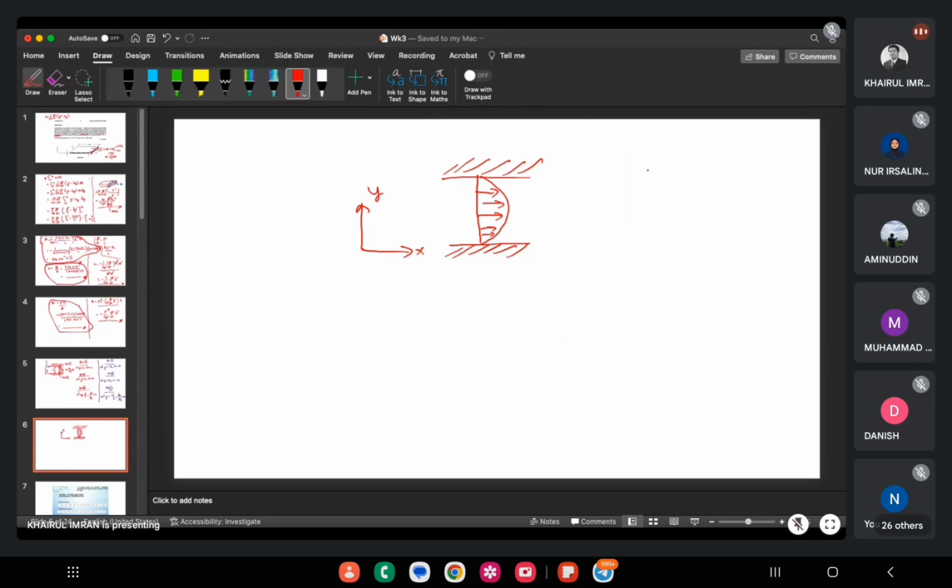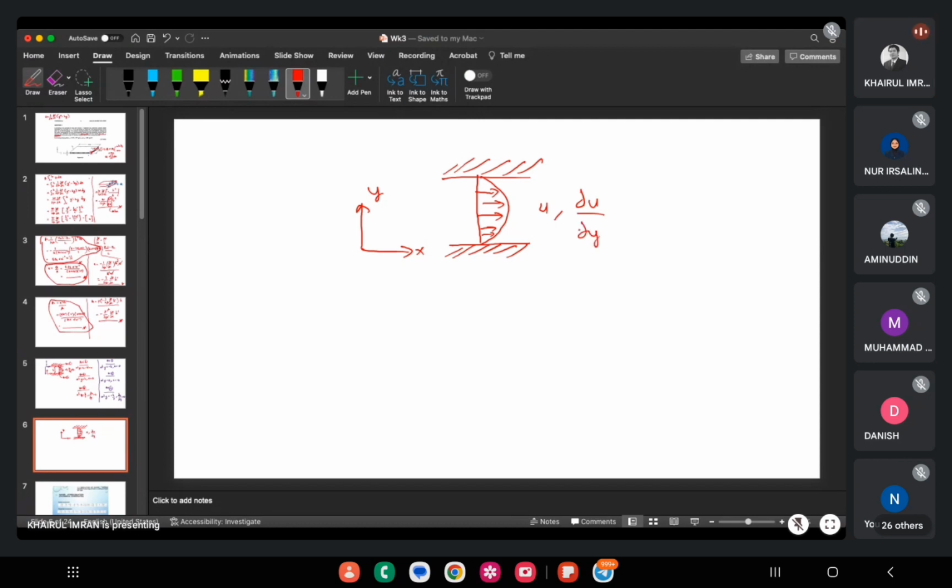Okay. First when we do step number 1, remember? Step number 1 is draw the velocity profile. Then after that determine what is the velocity involved. Since our component is X, Aminuddin, what is the velocity? U. Right? Alright. So now U changes with respect to what?